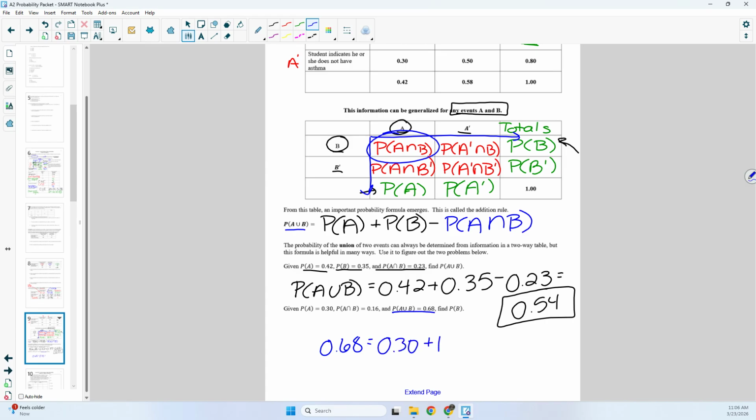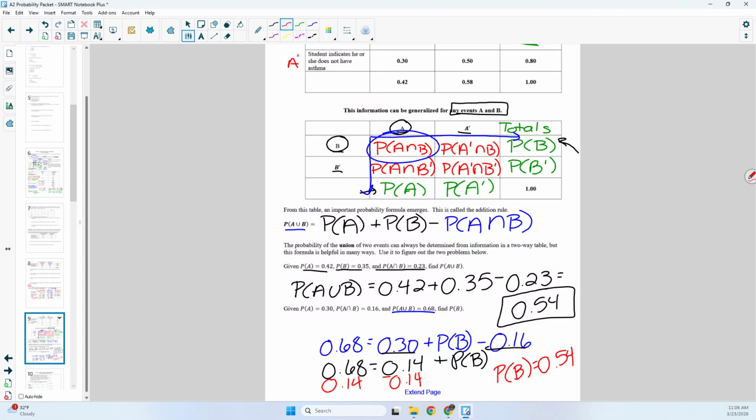I'm trying to find P of B, so it's a variable in the equation, and then I'm subtracting off P of A and B. So I get 0.68 equals, if I subtract these two, 0.14, and then plus P of B. Then I can just subtract the 0.14 from both sides, and I get that P of B, in this case, equals 0.54.